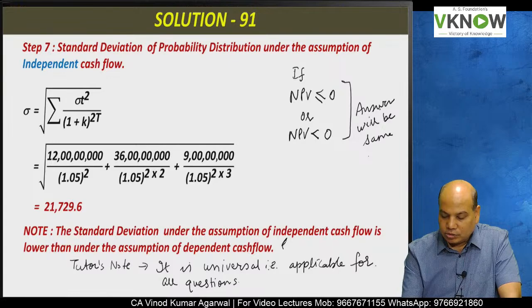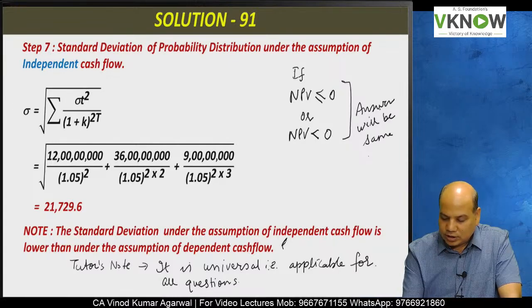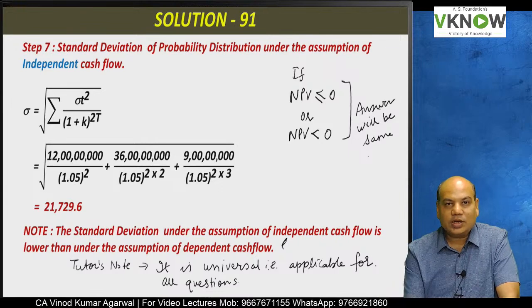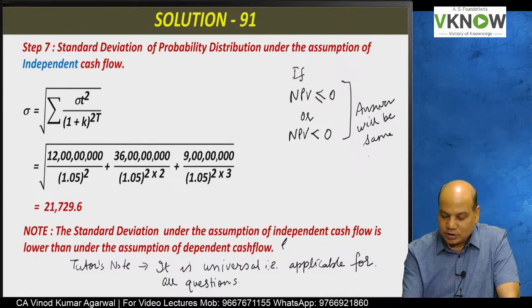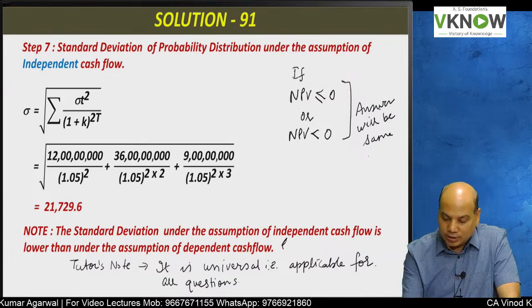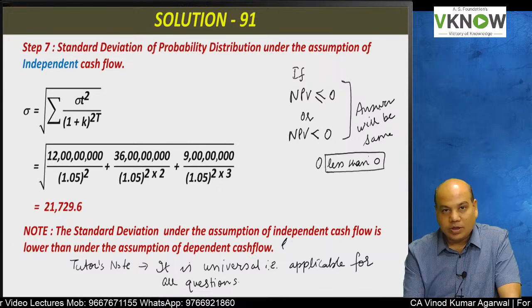Okay. So don't overstretch your imagination. If it is less than 0, less than equal to 0, what is the difference? The difference is very small. A number 0 and a number less than 0, the difference between these two numbers is very small.